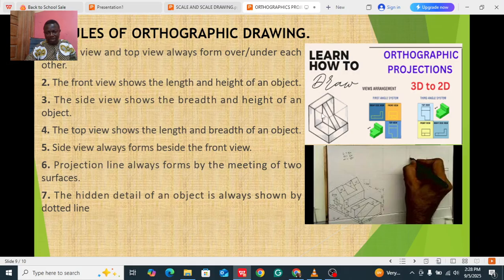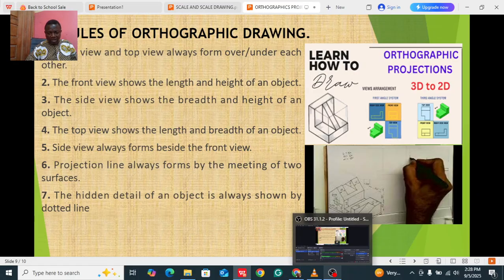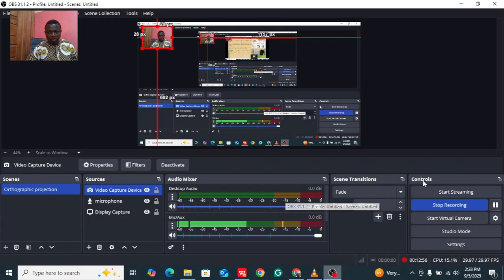Even though there are measurements there, you should know that the length and the height are shown by the front view, while the top view shows the length and the breadth, and the breadth and the height are shown by the side view. With this, we have come to the end of today's class on orthographic projection.